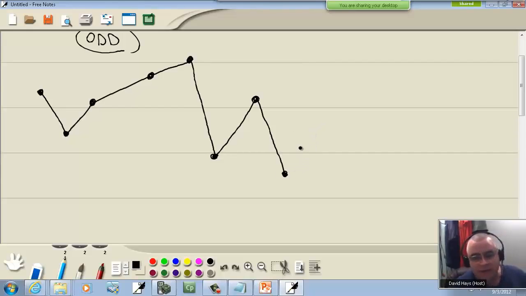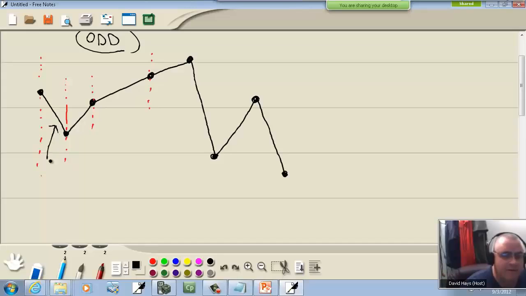There's no way we can get a graph to fit that, but what we can do is break these into pieces, like this. Now, by breaking it into pieces, I can get a model for this piece right here. Maybe this is y is equal to negative 2x. I don't know.